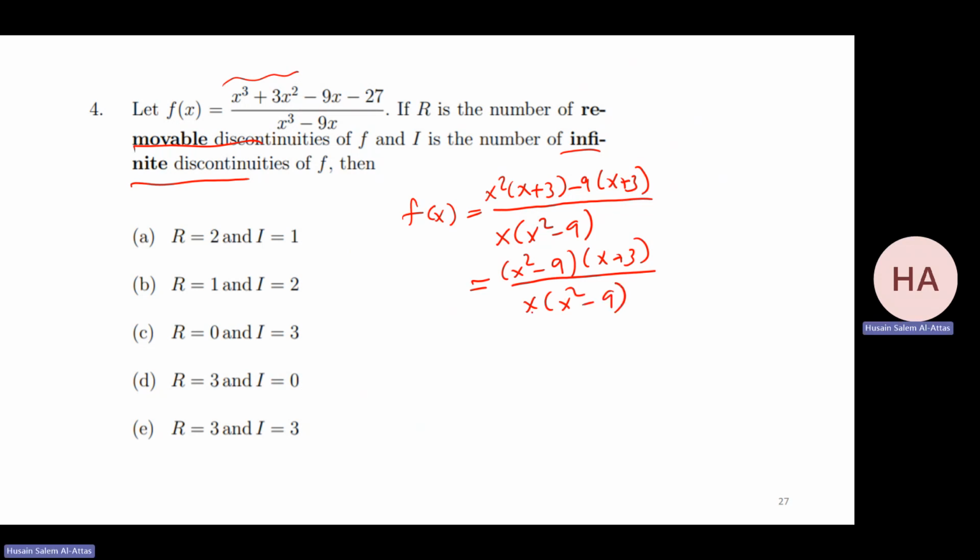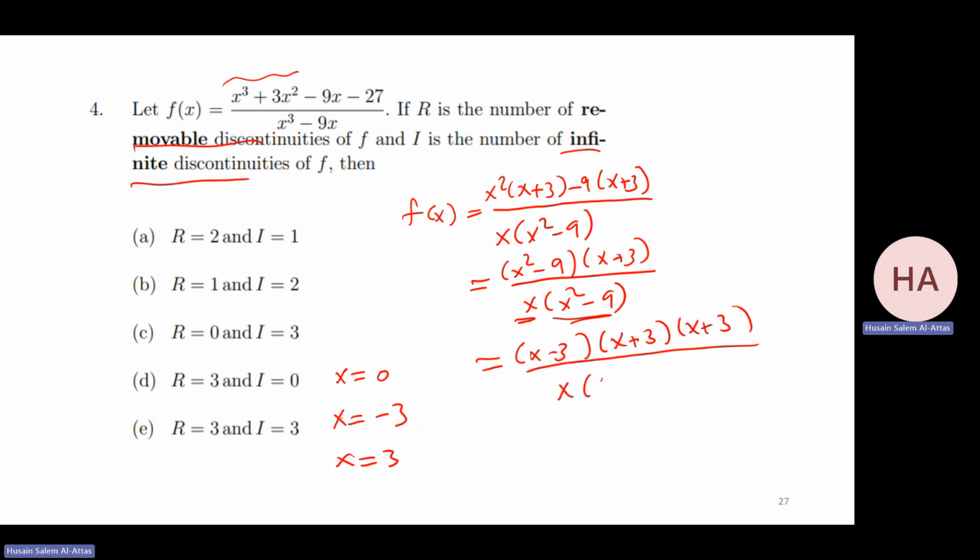So I will deal with these three zeros, x equals 0, x equals minus 3, x equals 3, which come from the zeros of these ones. Or I can simplify it more: x minus 3, x plus 3, x plus 3 over x times x minus 3 times x plus 3.